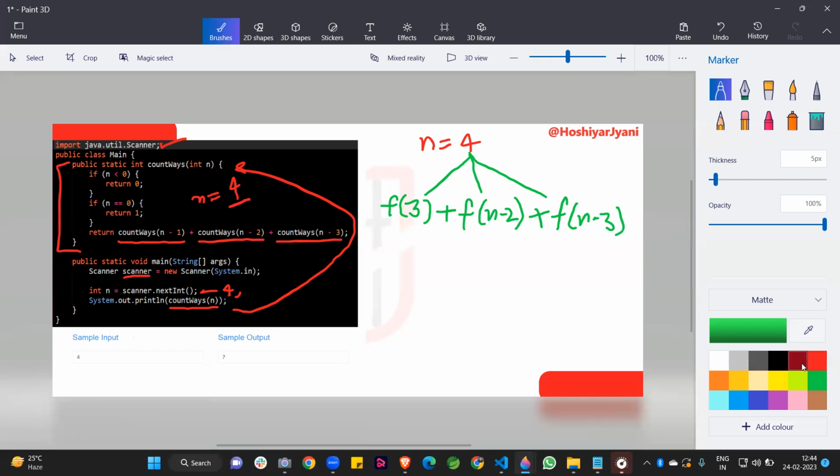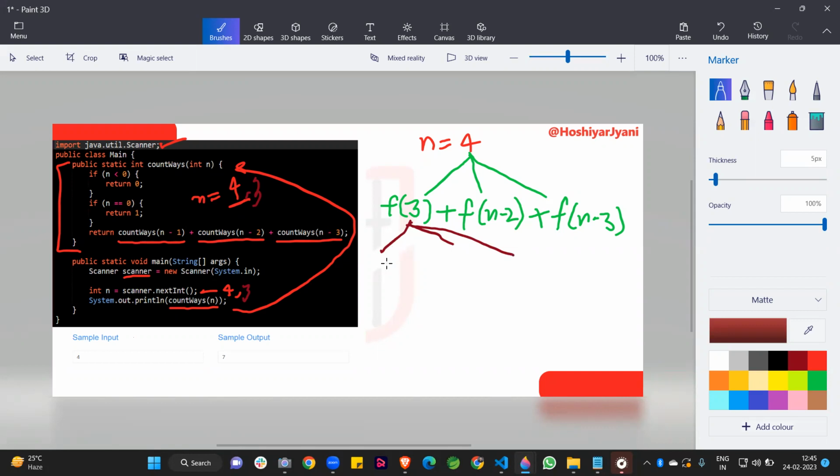Okay, guys. After that, you can see we first of all solve this method. So again, our call is f of 3. So we call the method with n value 3. When n is 3, you can see that n is not less than 0 and n is not equal to 0. At that time, again a recursive call, and again 3 lines are created for these 3 methods. So we can simply draw the 3 lines here: second, and this is third one.